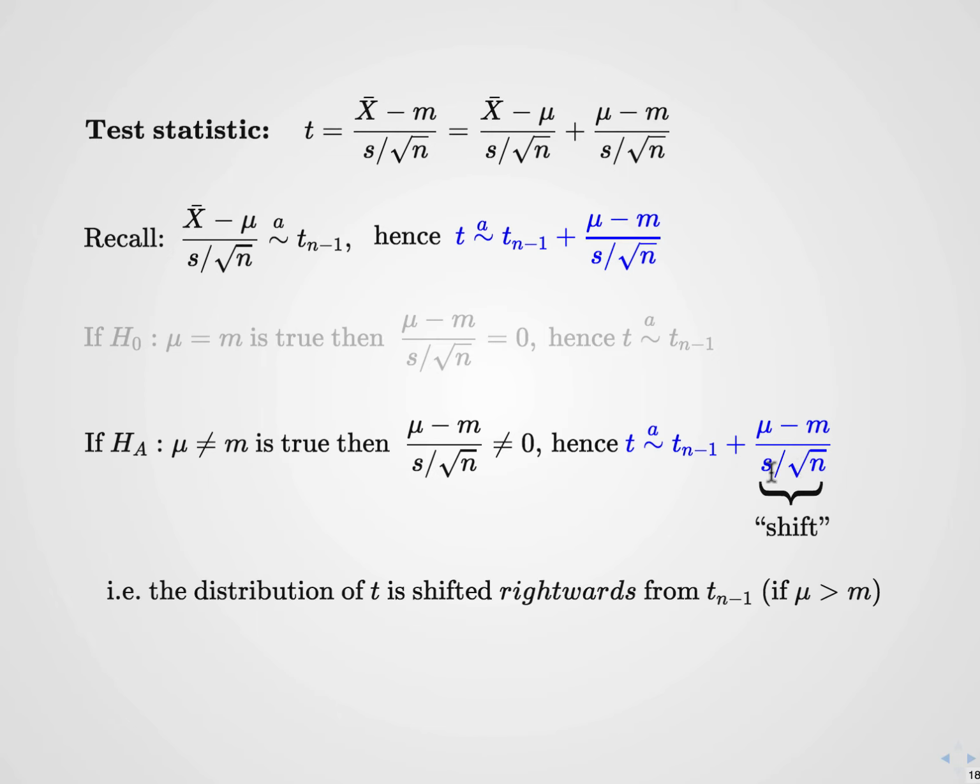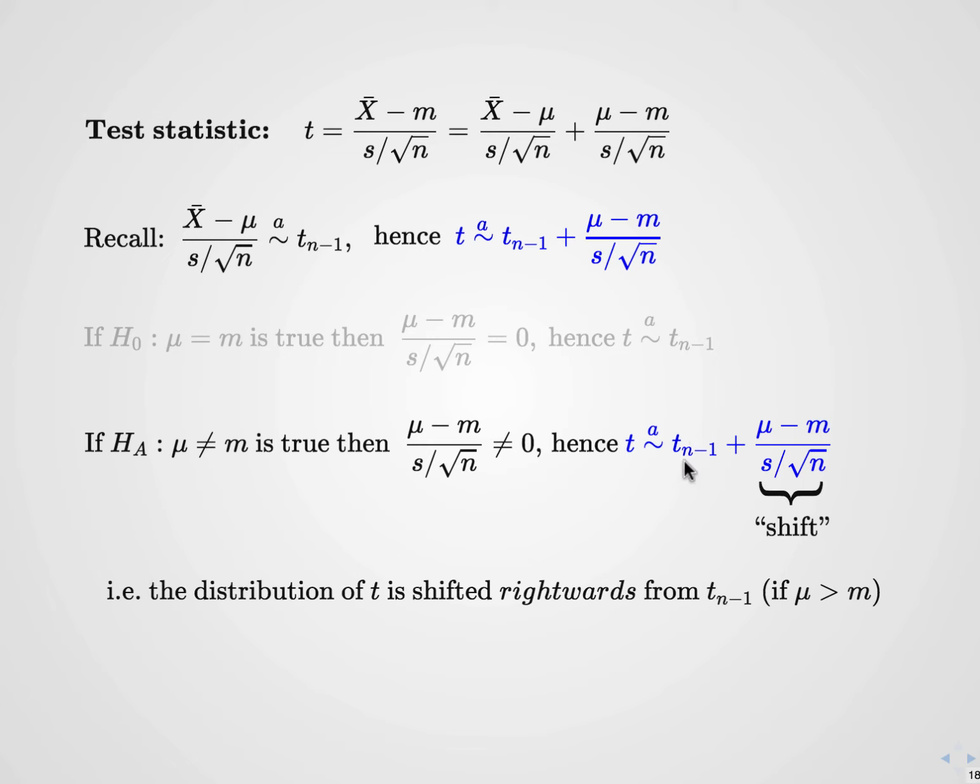That shifts the distribution of the t-statistic away from the t-distribution, which holds under the null hypothesis. So in order to start thinking about the probabilities of rejecting the null hypothesis when the alternative is true, we need to start thinking about this shift.